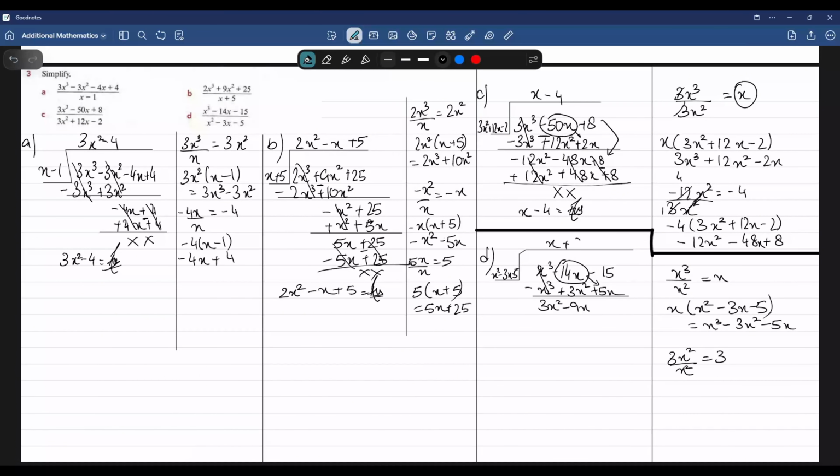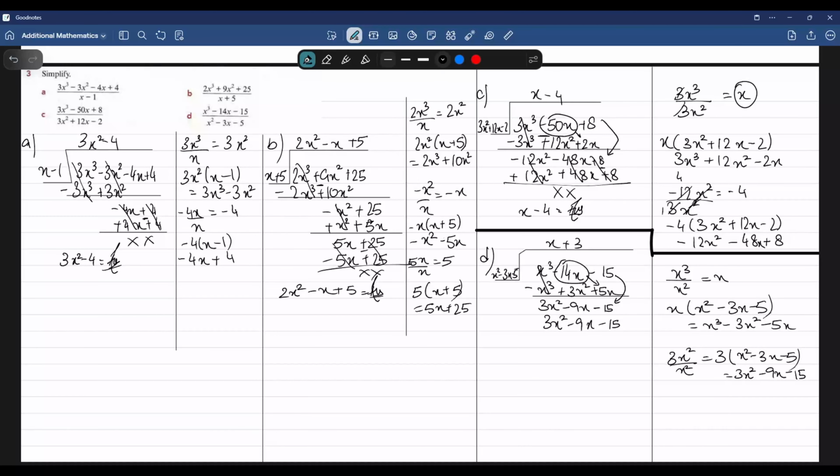And then when we multiply 3 by x squared minus 3x minus 5, we're going to get 3x squared minus 9x minus 15. Again, when this comes down, this becomes the exact same equation, 3x squared minus 9x minus 15.